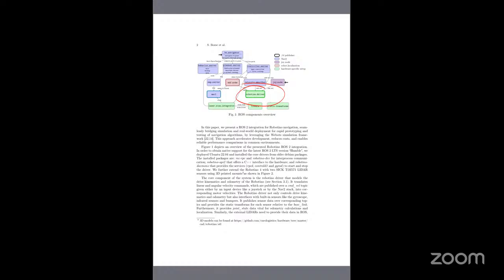Using simulation plus the real robot with the same navigation stack, they have developed a platform where this navigation stack can be used on the real robot as well as the virtual robot.